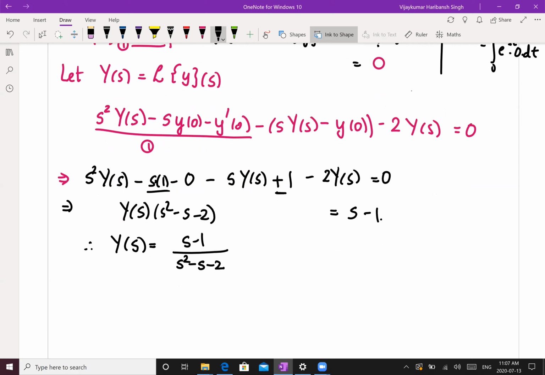So this is the Laplace transform of our solution.